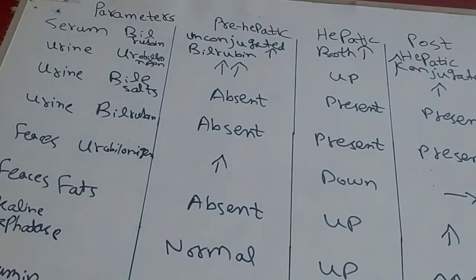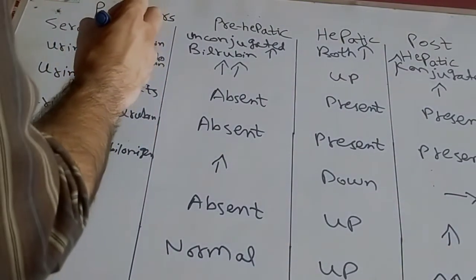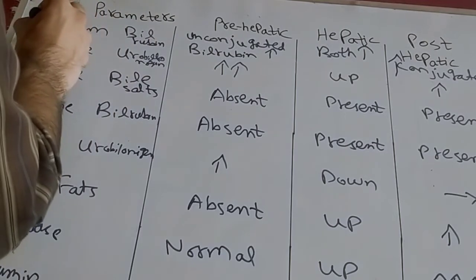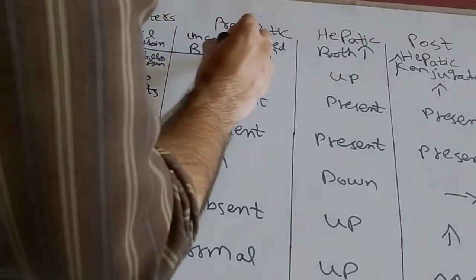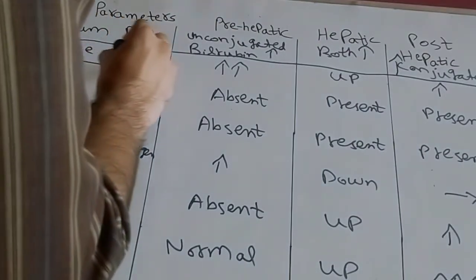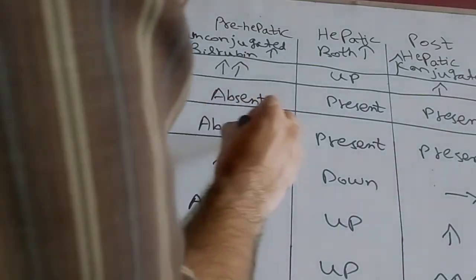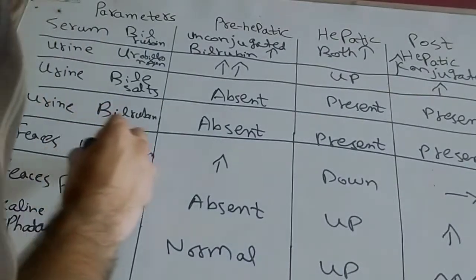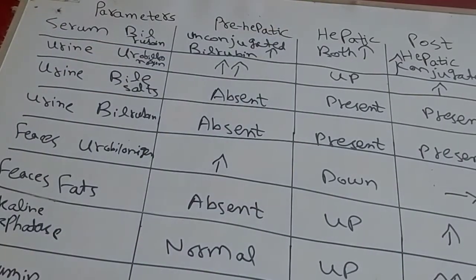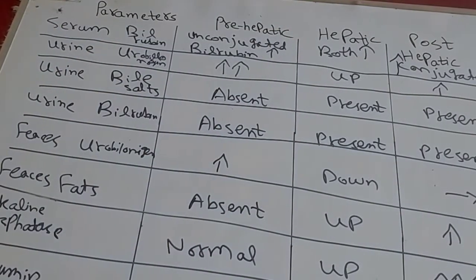So I have filled this table, and now I would like to explain the information which I have put in this table. Making these lines would make this table easy to understand.